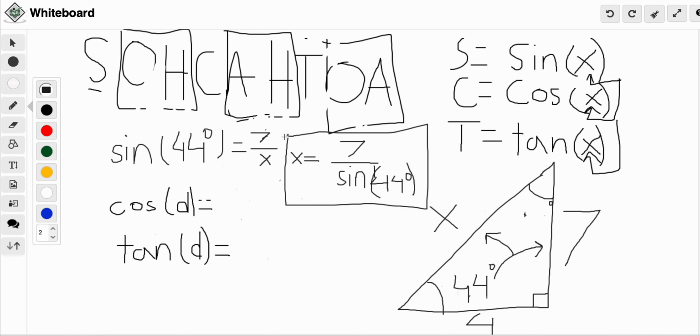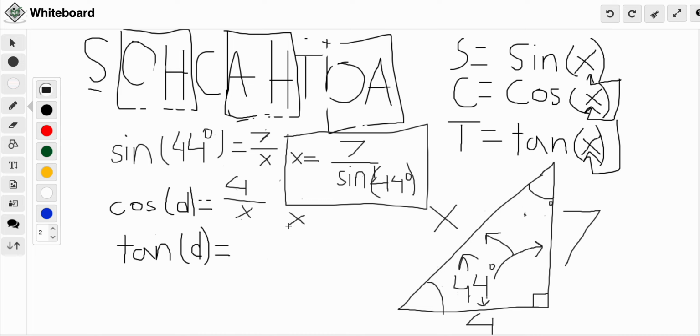Now, what if I said use it using cosine? Well, it would be basically the same approach. We would just do cosine and take adjacent over hypotenuse. So you'd take the adjacent, which is 4, the hypotenuse, which is x, and divide them. And we'd have the same thing happen here.